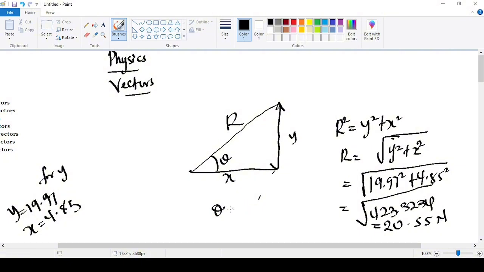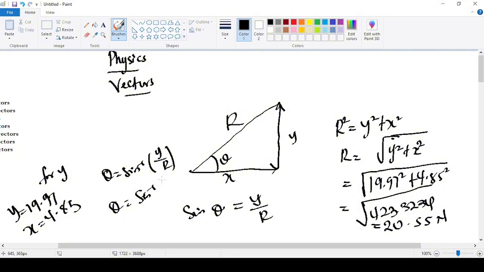In your SOHCAHTOA, the sine of this angle will be the opposite over the hypotenuse, so sine theta equals y over R. We're working with Pythagoras theorem, so theta is the sine inverse of y over R. So theta will be the sine inverse of 19.97 over 20.55, which is equivalent to 73.63 degrees.